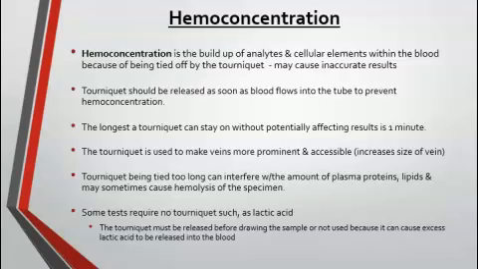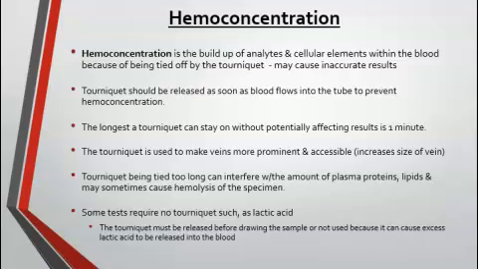And we use the tourniquet to make the veins more prominent in order to see the veins, in order to be able to complete the venipuncture. But the tourniquet being tied on the arm too long can interfere with the amount of plasma proteins, lipids, and sometimes can cause hemolysis in the specimen.